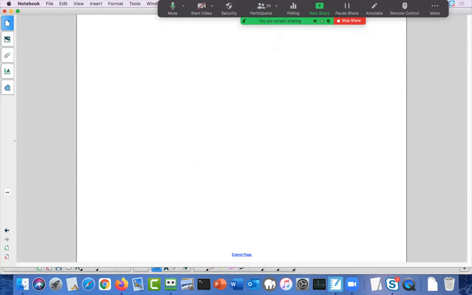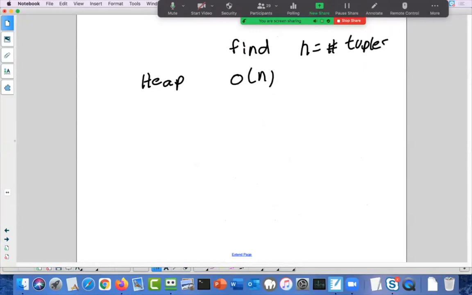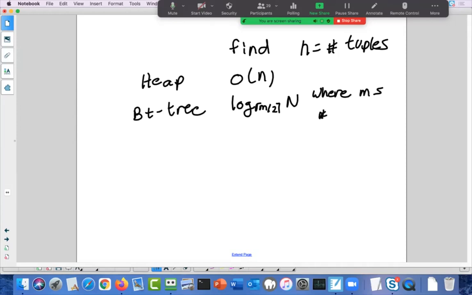So just a quick review on expected running times. With a heap, to find something is going to generally take order n, where n is the number of tuples in the file. With a B+ tree, we're going to find that it's going to be log m divided by 2n, where m equals the number of tuples per interior node.